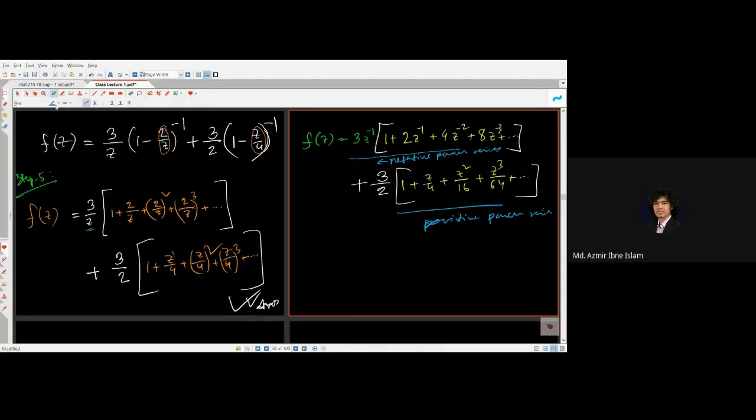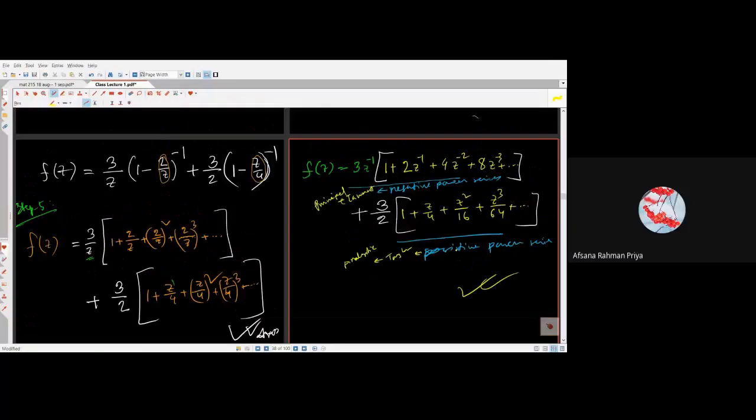Now you can write that the negative power series is called the Laurent part, and the positive power series is called the Taylor part. Or the negative power series is called the principal part, and the positive power series is called the analytic part. Is that okay? So we have found all these things. All the information is here.